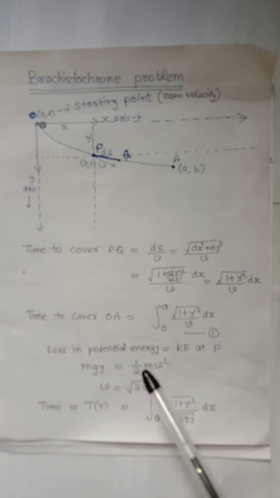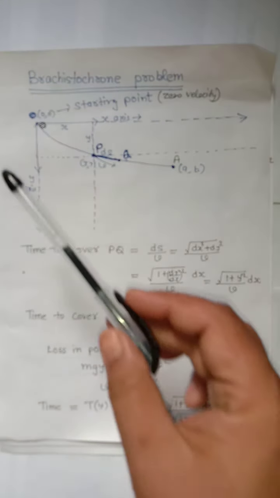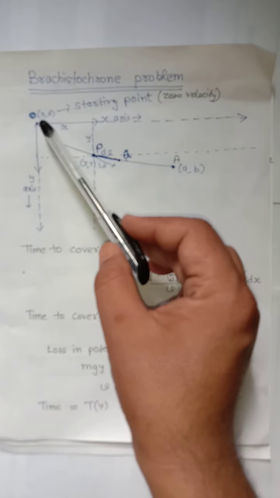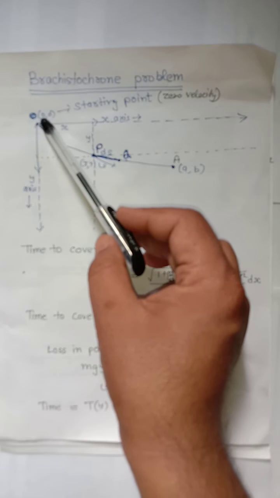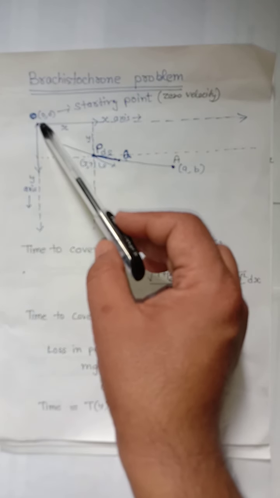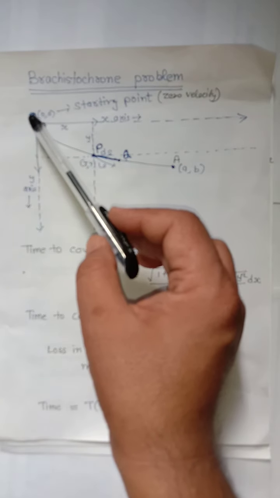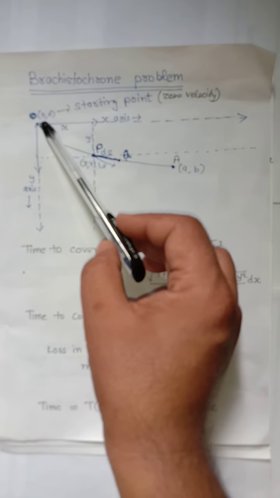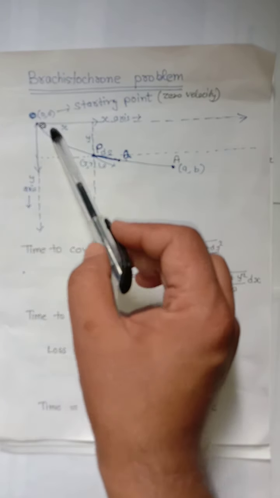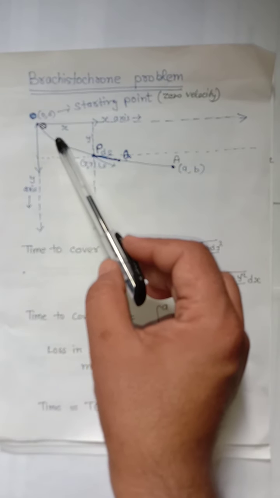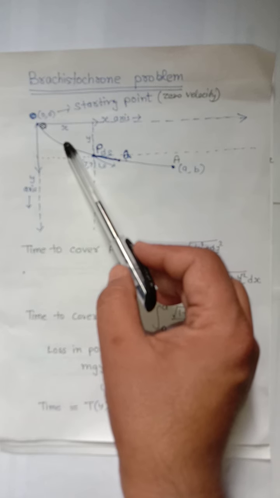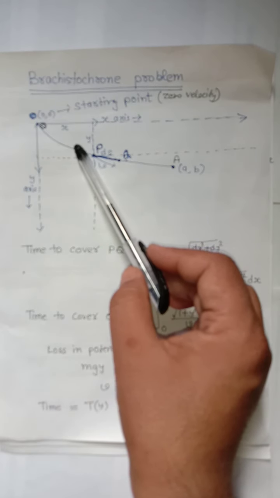Now one thing is that at the starting point, as you know, there are two types of energy, kinetic energy and potential energy. At this point the particle has only potential energy; its kinetic energy is 0. While it is moving down, this potential energy is converting into kinetic energy.